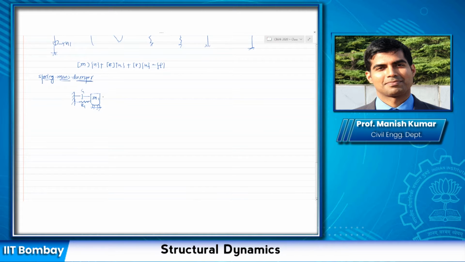Now this story is again connected to the second story through K2 and C2. So this is my second story. And then again, this is connected to the third story, or the topmost story in this case, M3. And degrees of freedom are basically defined like this for each of the masses.